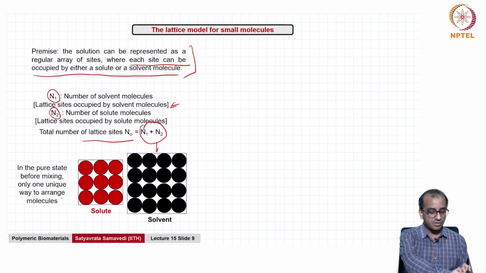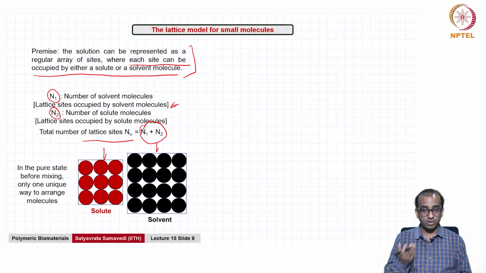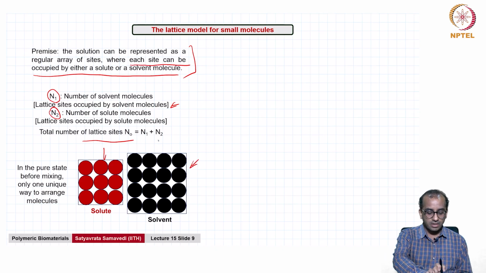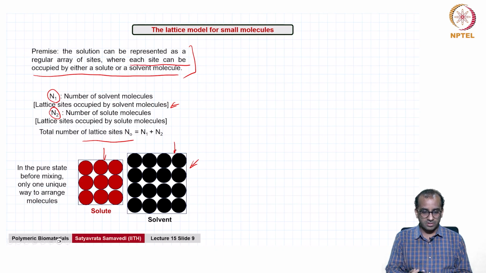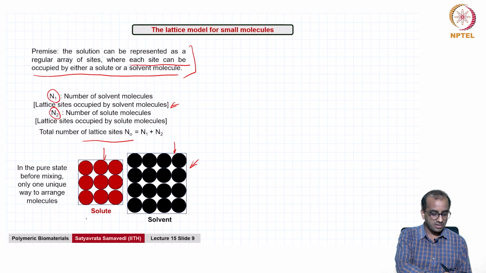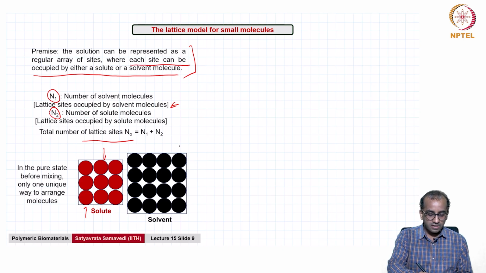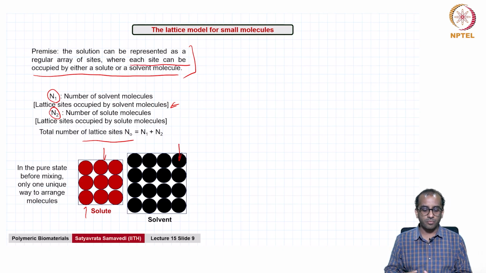What that means is, if this is the solute lattice and if this is the solvent lattice, if I now consider 16 black balls or circles here and 9 red circles here representing solvent and solute respectively. If I now replace this black ball with another black ball, you will not know the difference.